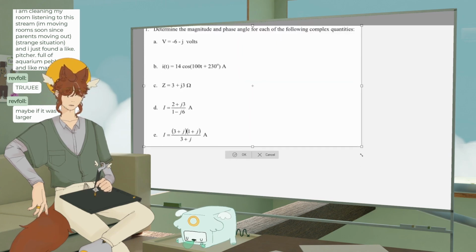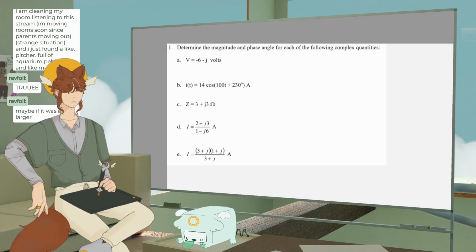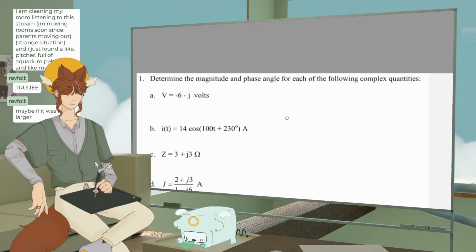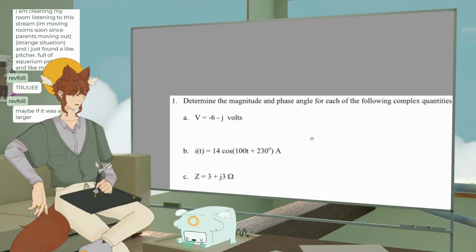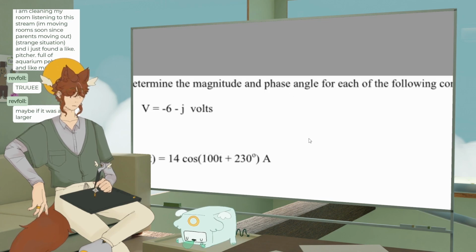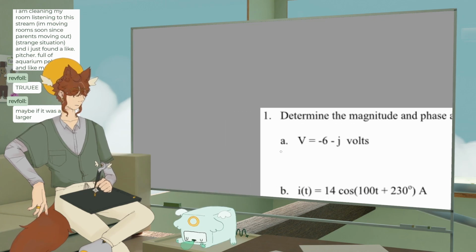What are we looking at here? The magnitude and phase angle. Okay. So I think the deal with these is just it's vectors.